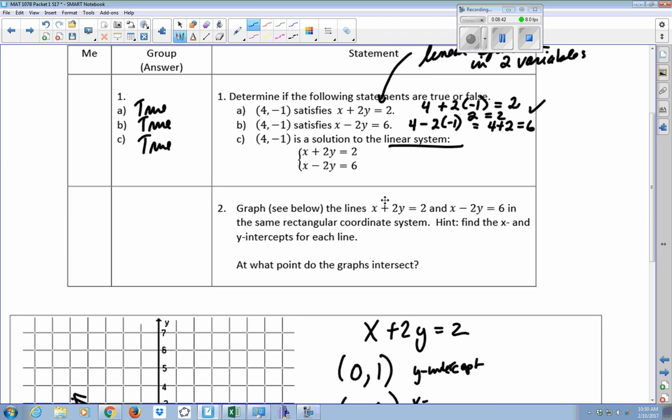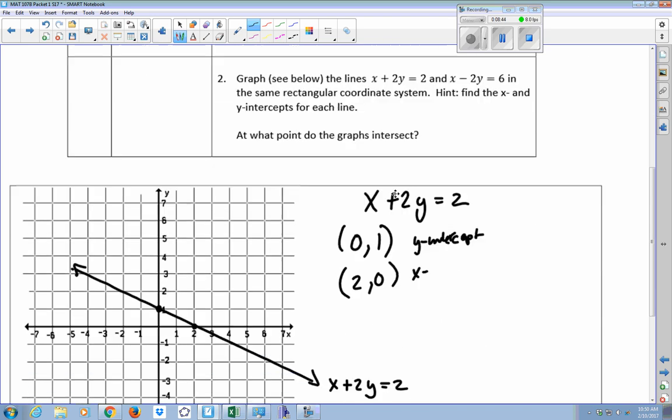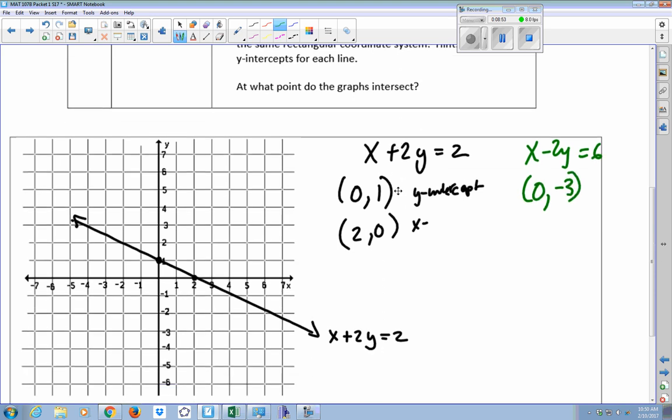So let's take a look at graphing that second line. Let's do that in green. X take away 2y equals 6. When x is 0, y is -3. That's the y-intercept. And when y is 0, x is 6. That's the x-intercept. And when I connect these with a line, here we go.